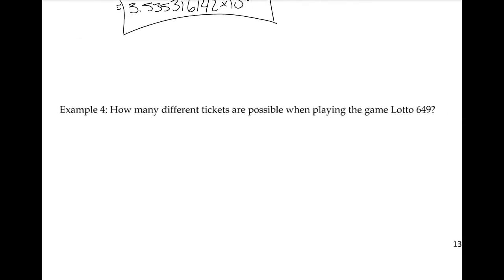Okay. Example 4. How many different tickets are possible when playing the game Lotto 649? Okay, so the key thing to know is how on earth does Lotto 649 work?